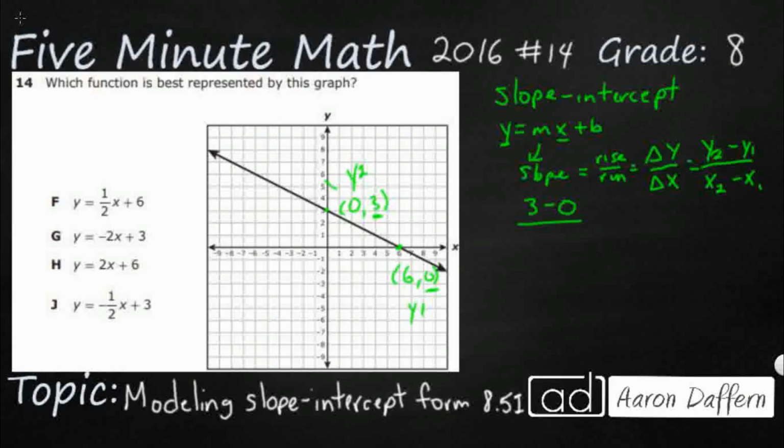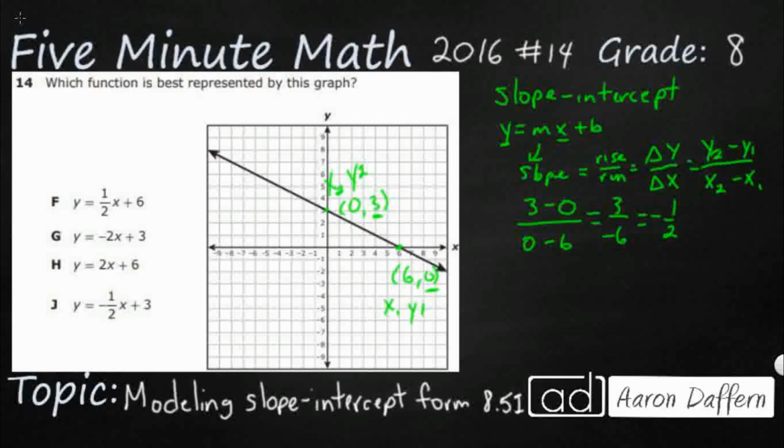Now I need to grab the same order, so it's my x sub 2, which is 0, minus my x sub 1, which is 6. So that's going to be 3 over negative 6, which is negative 1/2.